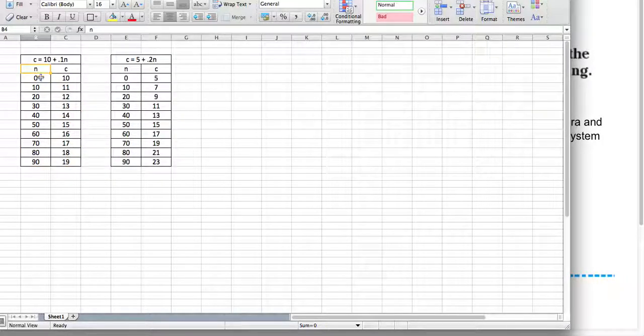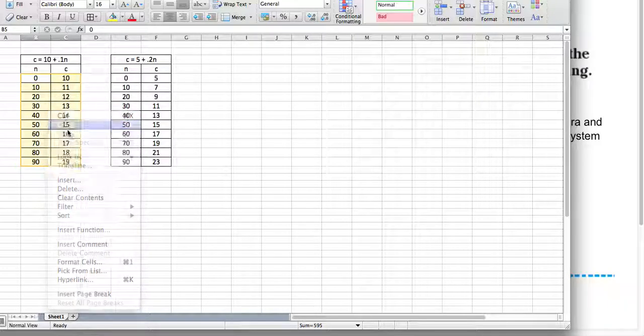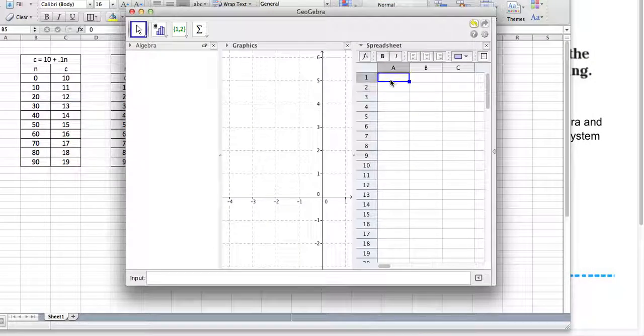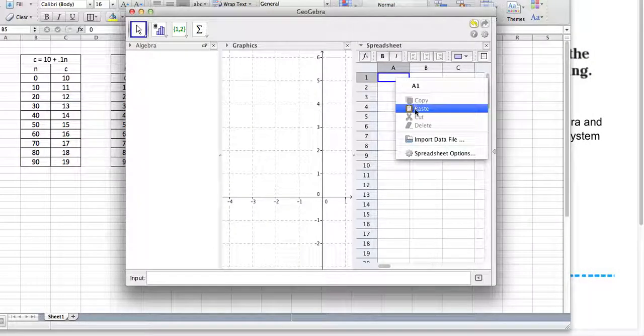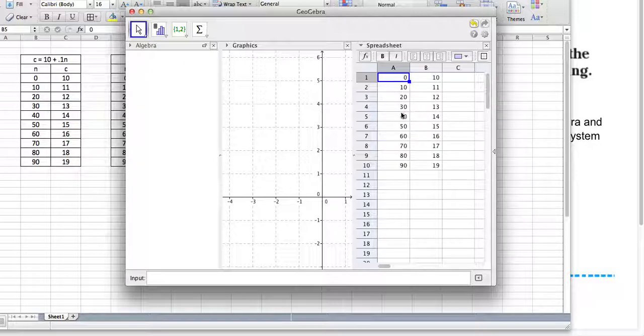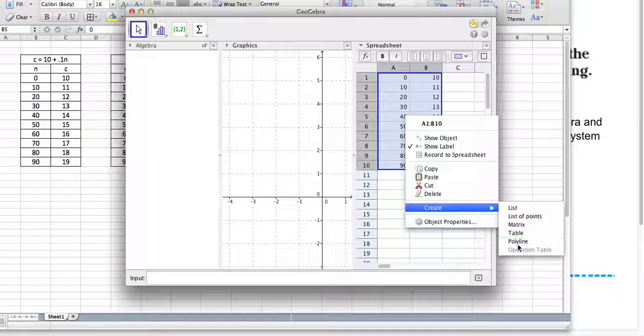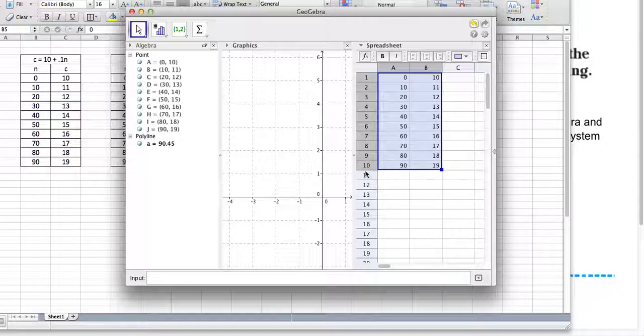Let me do that again. Copy. Go back to GeoGebra. Paste. There you go. And then we're going to ask that to be graphed. There you go.